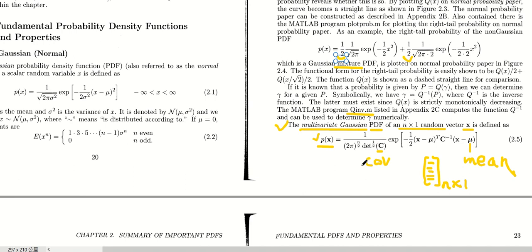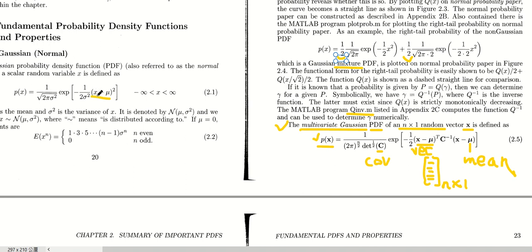This is a matrix determinant, and then exponential of minus 1/2 times x minus mu. This is common, except it is a vector version, and that is x minus mu.